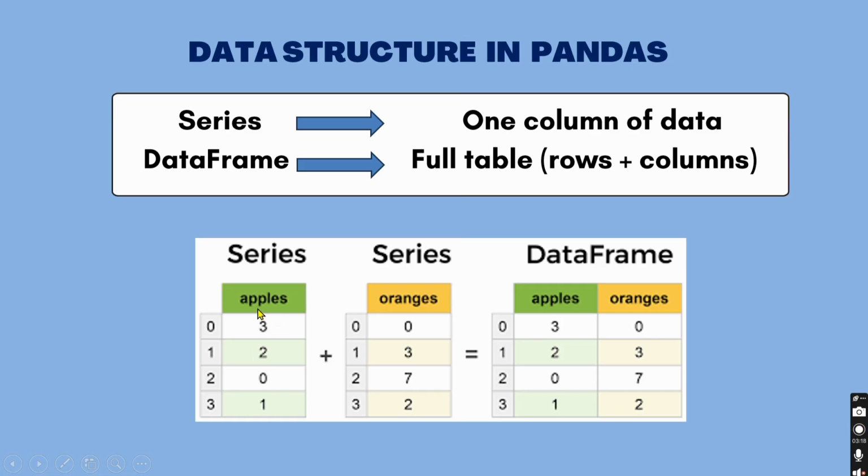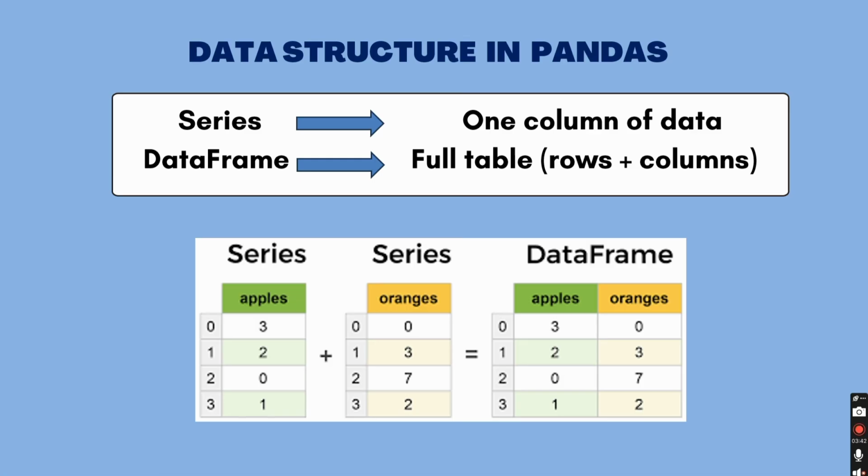This is just a column: apples, with some index and some integer values. Similarly, there is another column of oranges with a similar kind of index and integer values for all the indexes. So this single column we consider as series data.